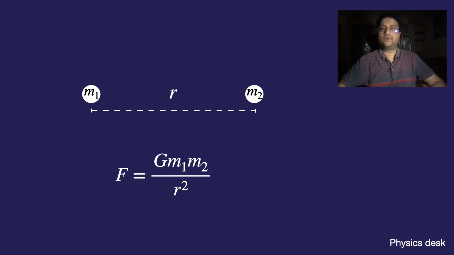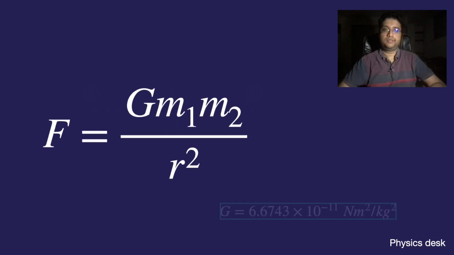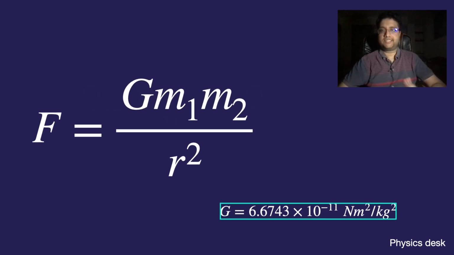So F is equal to G m1 m2 by r squared, where m1 and m2 are the two masses, r is the distance between them, and G is the universal gravitational constant whose value is 6.67 times 10 to the power of minus 11 Newton meter squared per kg squared. This equation of gravity is something which most students of physics are aware of.